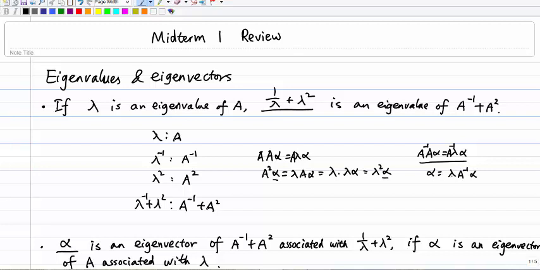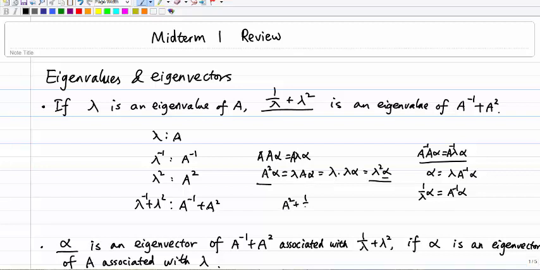Of course, I can put lambda on the left hand side, so 1 over lambda alpha equal to A inverse alpha. So that actually shows A inverse has eigenvalue 1 over lambda and the eigenvector is alpha. That's it.